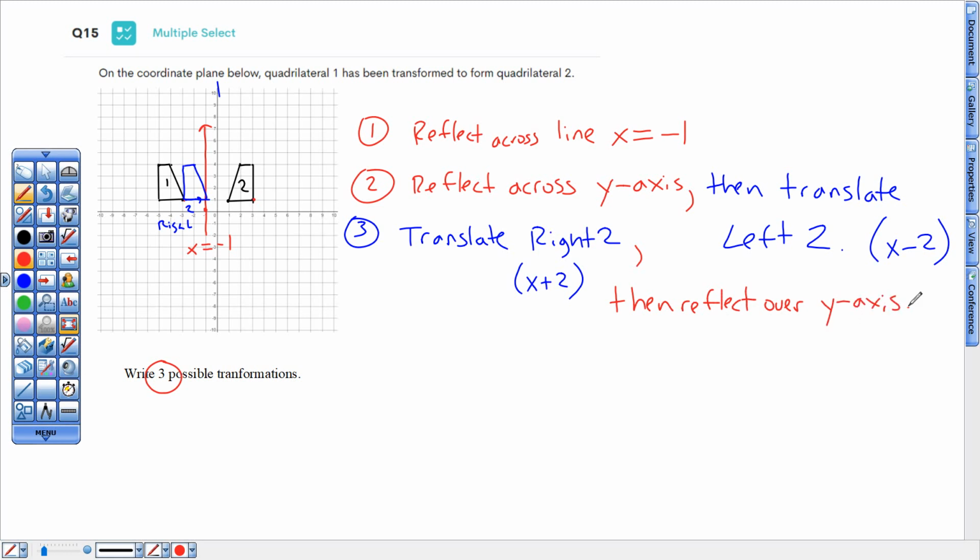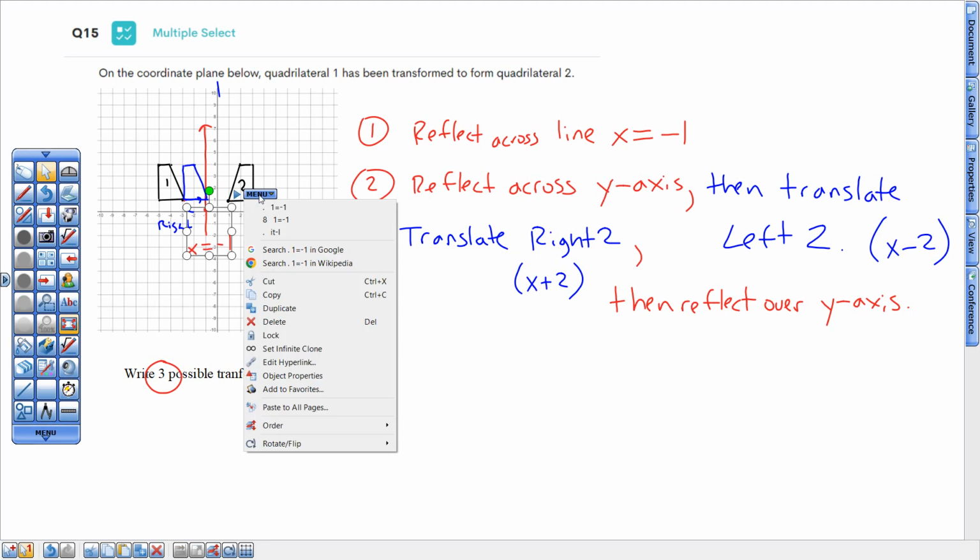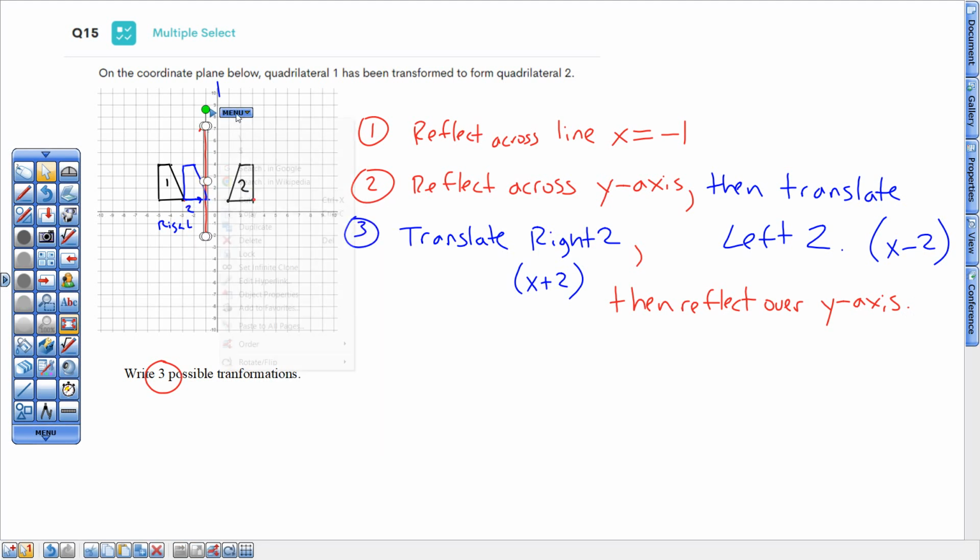All right, the problem I'm going to have you do here in blue, let me fix this up a little bit. All right, here we go. For this one, let's put this right here.